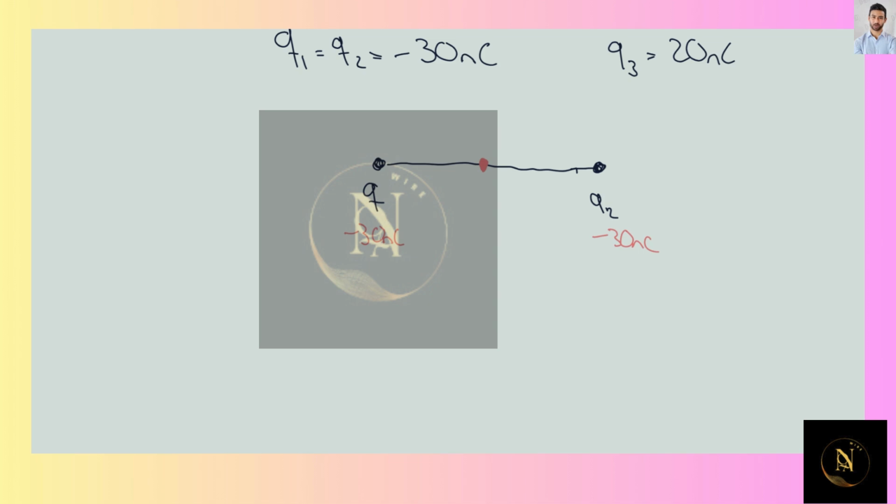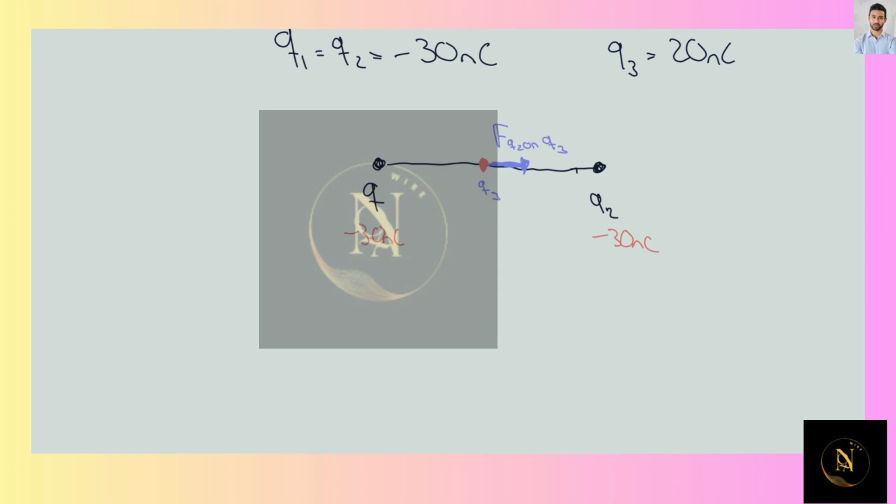To do that, we know that Q2 is going to attract Q3 because they have different signs. So we can write down the force of Q2 on Q3. This guy is going to be Q3.